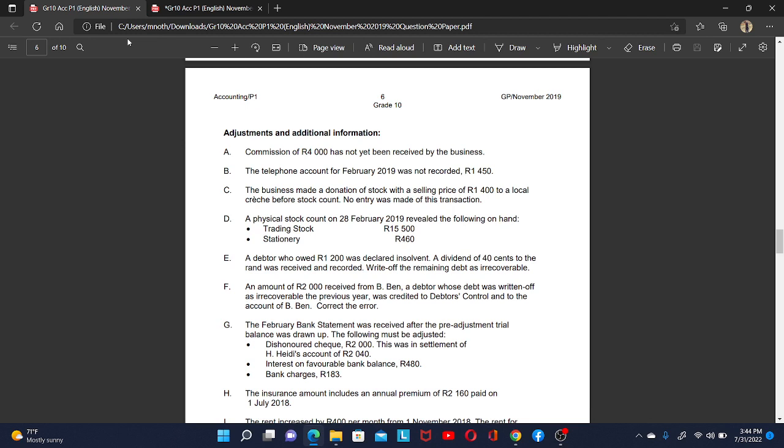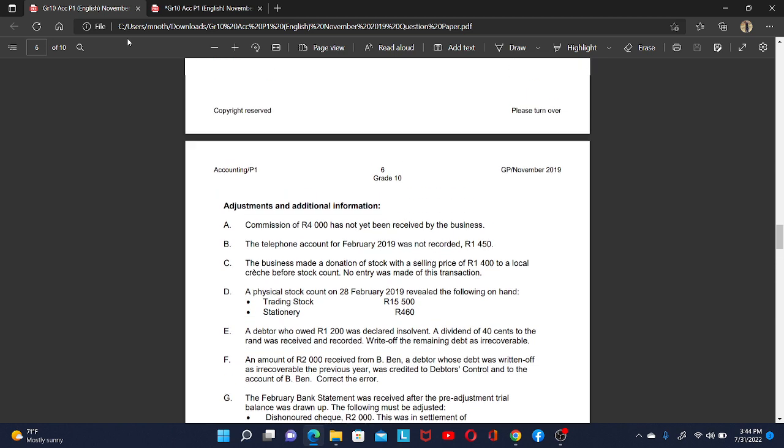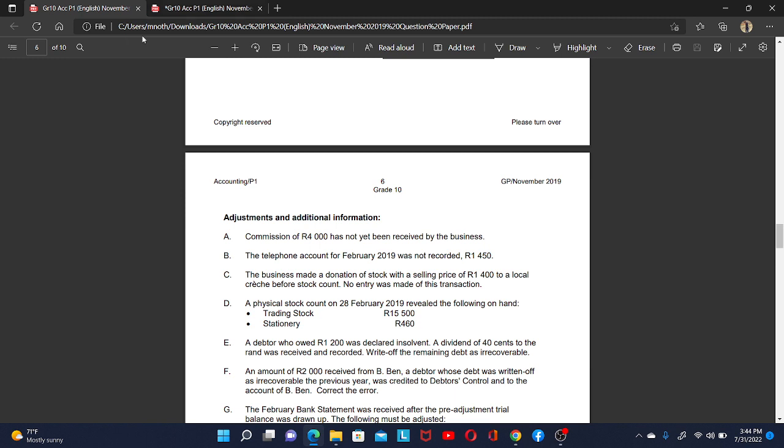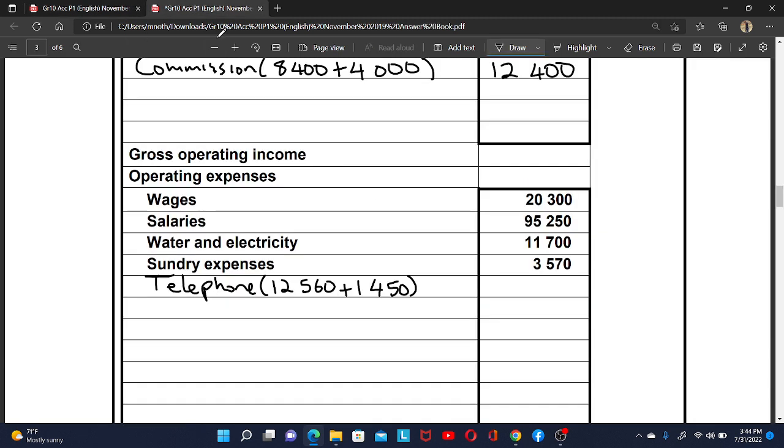The business made a donation of stock at a price of 1,400 to a local crash before stock count. Here we have a donation, and a donation is an expense.